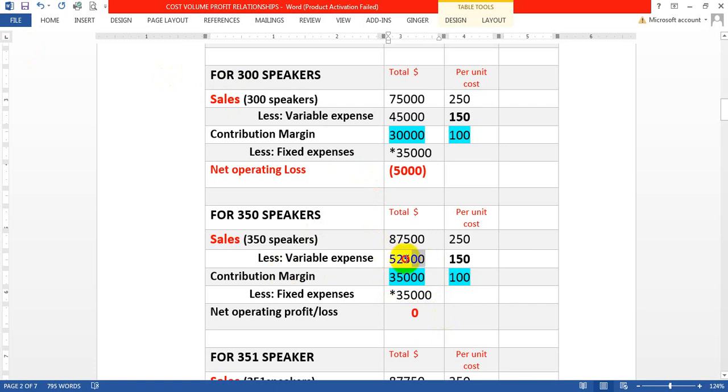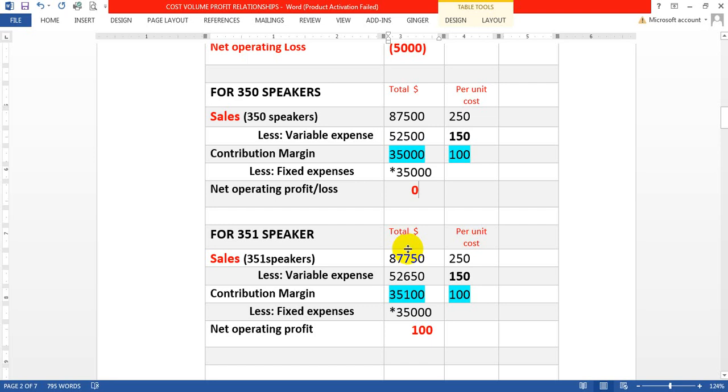Variable expense is 52,500, contribution is 35,000, and the fixed expense is again 35,000, so the net profit or loss is 0, right?